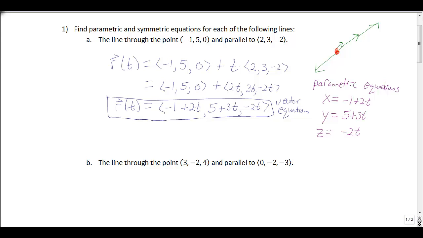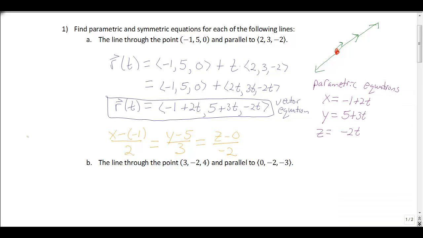Symmetric is going to look a bit different. So for the symmetric equations, we're really going to write x minus the x coordinate of the point, that's -1, and then we're going to divide by 2. And then we're going to get y minus 5, so that's y minus the y coordinate of the point, and then we're going to divide by the y component of the vector. And then we'll get z minus 0 divided by the z component of the vector, that's -2.